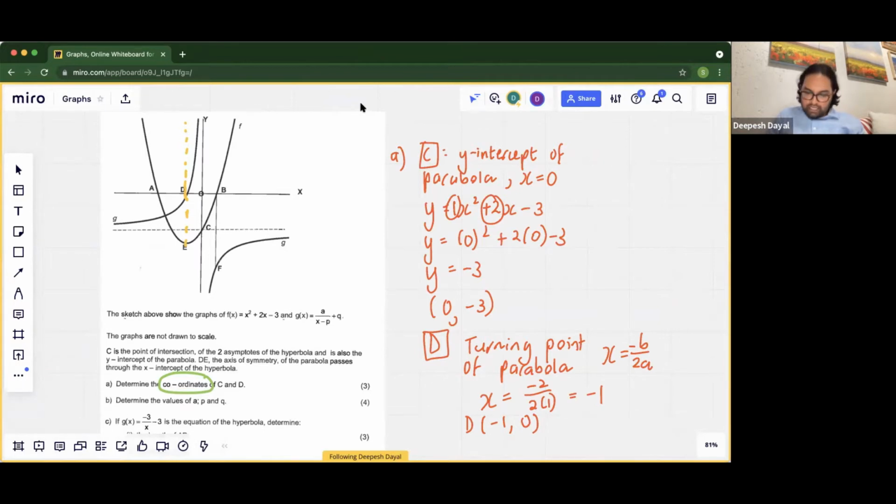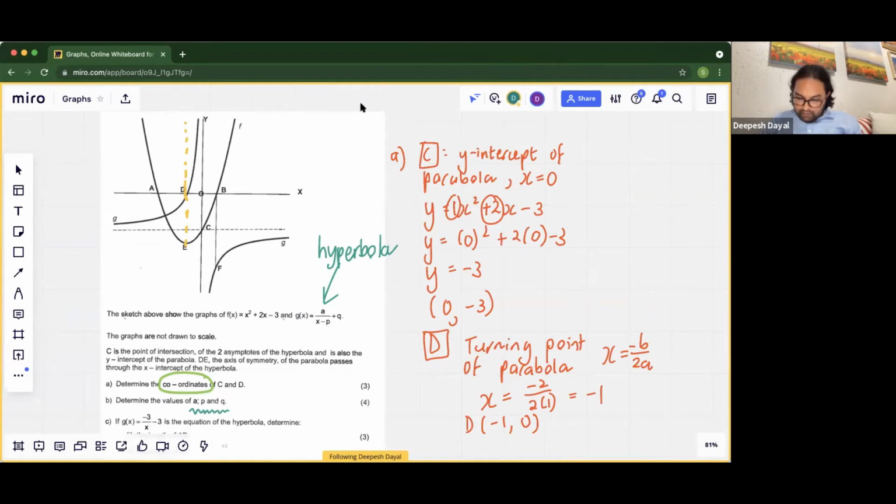Okay, no question. Let's find A, P, and Q. Question B, A, P, and Q. And that is part of this equation here, which is the hyperbola. The hyperbola equation. So let's find A, P, and Q. If you have the answer for me, please do let me know.